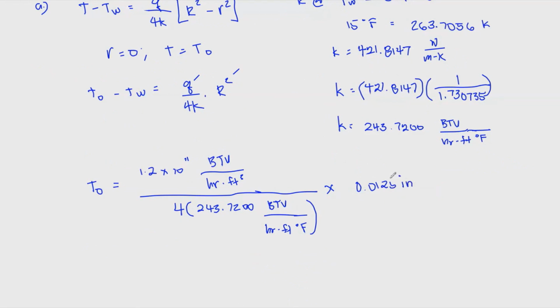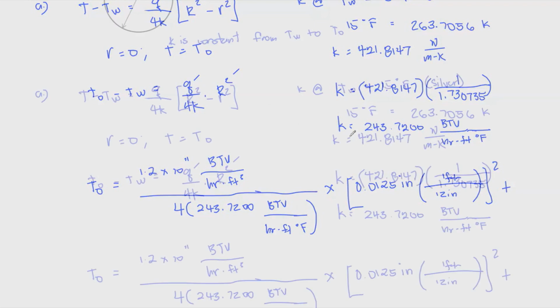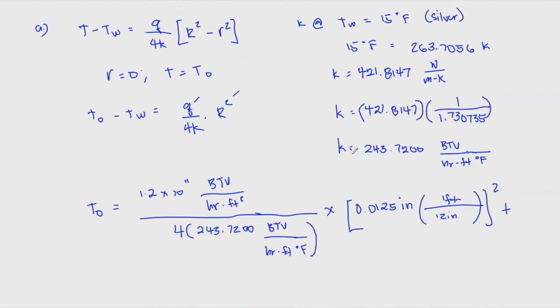Since this is in inches, we need to convert it to feet, so we have 12 inches per 1 foot, and we have to square it, since the formula needs r squared. Then I transpose this to the right side, so we add TW, the surrounding temperature, which is 15 degrees Fahrenheit. So now I have my T0, and that will be our final answer.